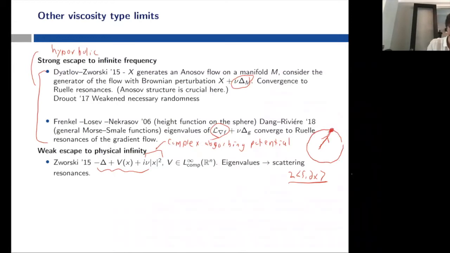Because as you go off to infinity, this is looking more and more like the radial direction. So if I just flow along this direction. But of course, it's happening only linearly in time. There's no exponential escape.